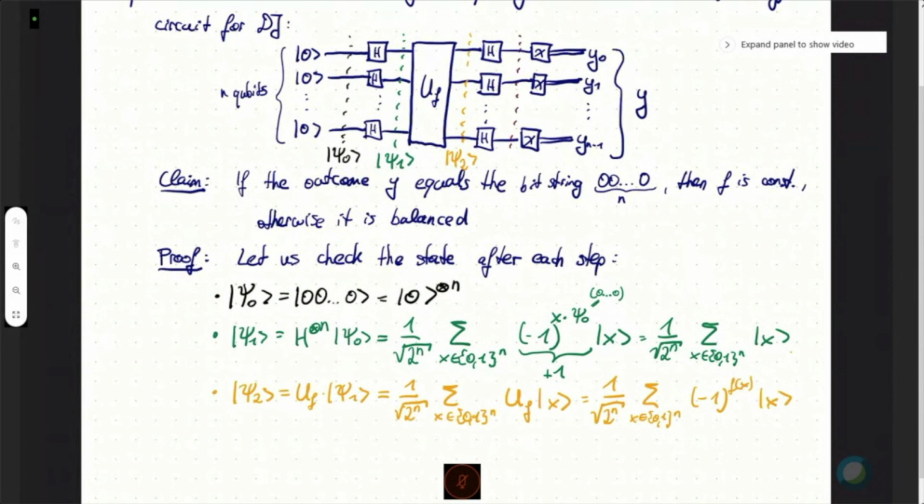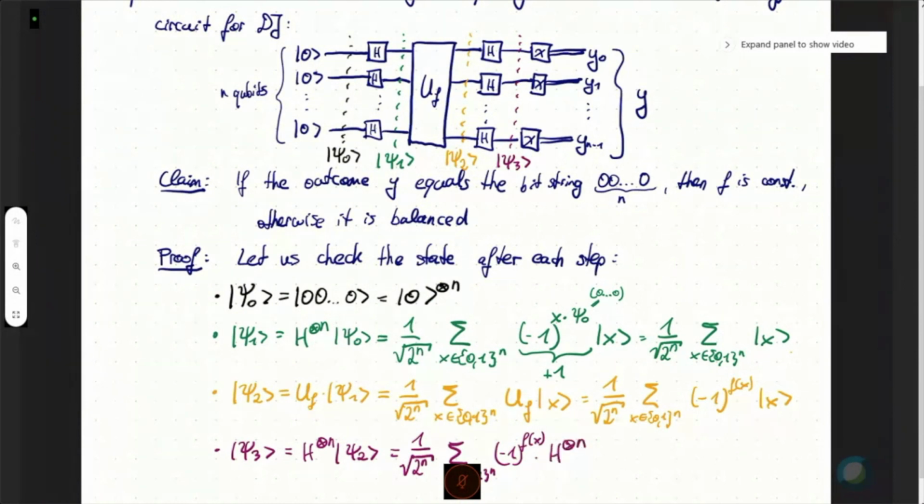Okay, and now we have the last step, psi 3. Here we again applied n Hadamard gates to our state psi 2. So we have our normalization factor, then the sum over all states, (-1) to the power f of x. We use again linearity to get the Hadamard gate in here, like this.